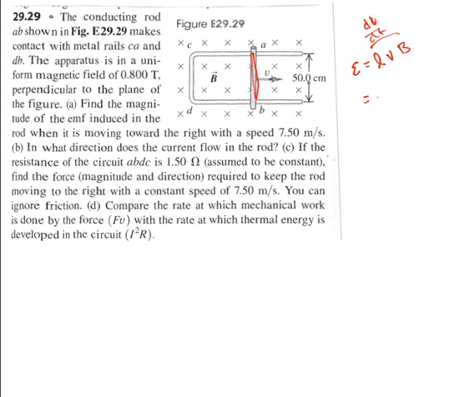The length of this segment here we're talking about is 0.5. The velocity is 7.5 meters a second. And the magnetic field is 0.8 Tesla.